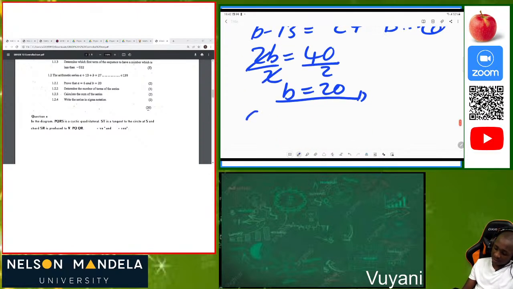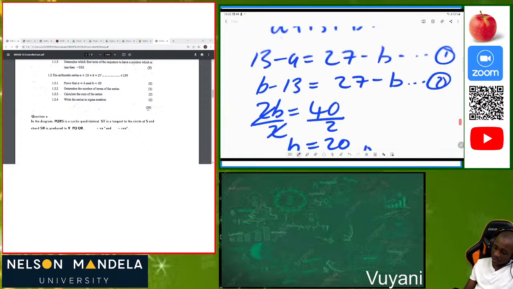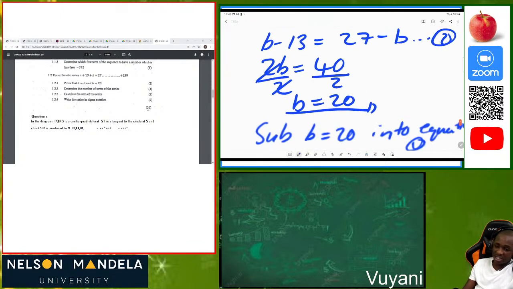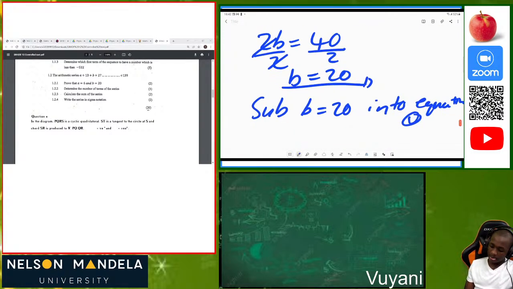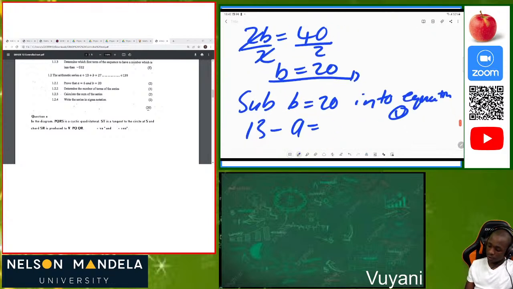So now let's substitute b equal to 20 into equation 1. Where we see b in equation 1, we just put 20. So we have 13 minus a is equal to 27 minus b. Our b is 20.